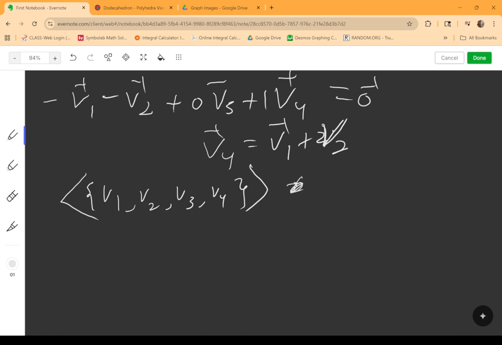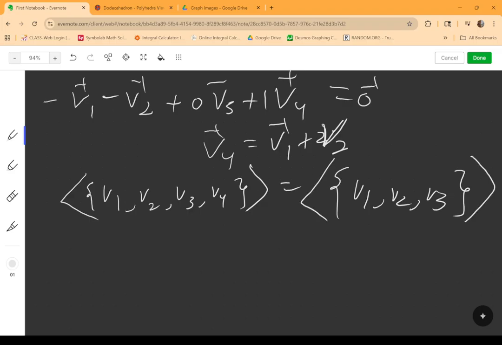So that means that this set v1, v2, v3, if I compare their spans, they are going to be the same. Now, why must that be the case? Well, let's say that some vector b is an element of the span of v1 through v4.